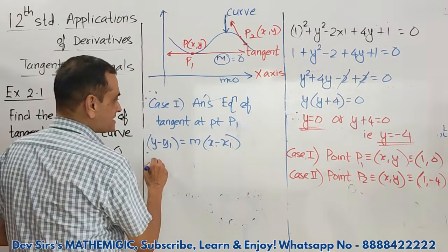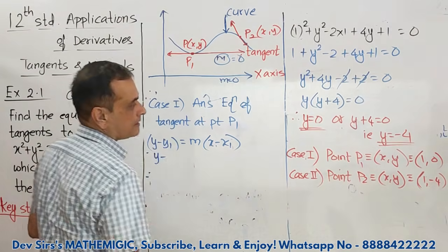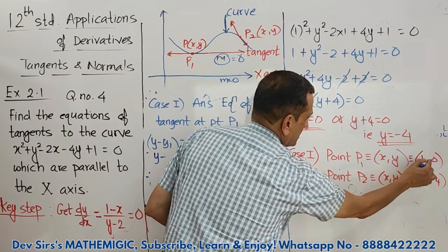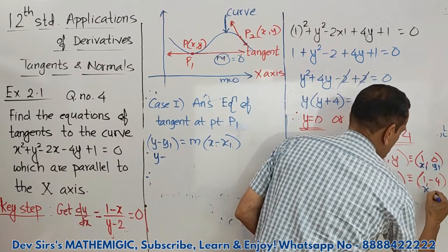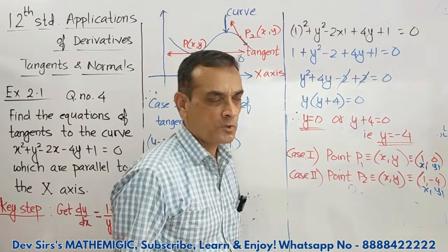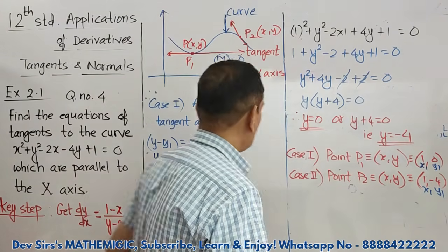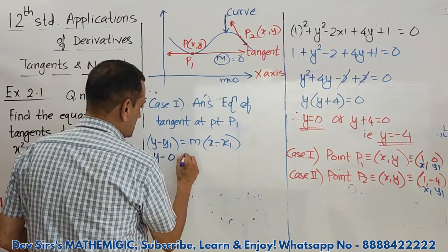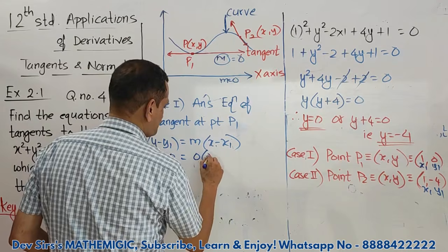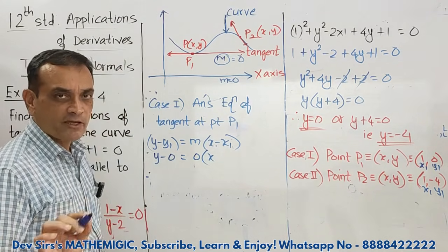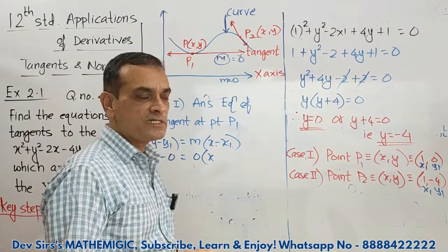So y minus, I'll name it here, x1 y1. अभी इसको बोलते हैं, इसको भी x1 y1 while using slope point form, right? So y minus y1 means y minus 0. Slope of the tangent is 0 now. Find out क्या है ना equation 2 में basic slope of the tangent 0 आया है.